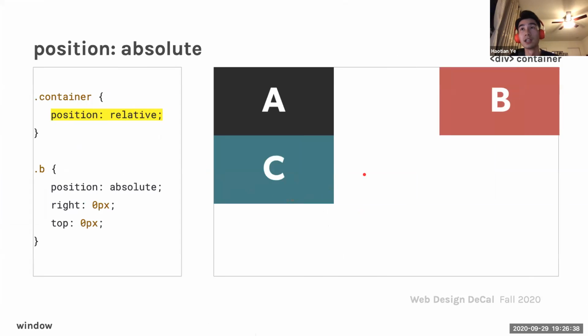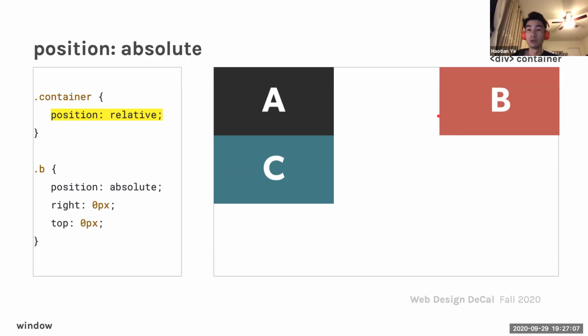So again, like I said, what if I wanted B to just be in the top right corner of our container, not the whole window, because that'd be weird. So first we need to relatively position our container. Now it has a position on our website when we say position relative for our parent container. Then when I do B absolute, right 0, top 0, it would know, oh, my parent container is now positioned.